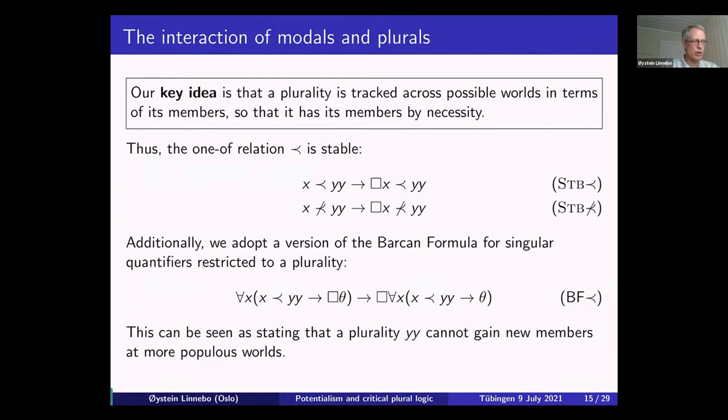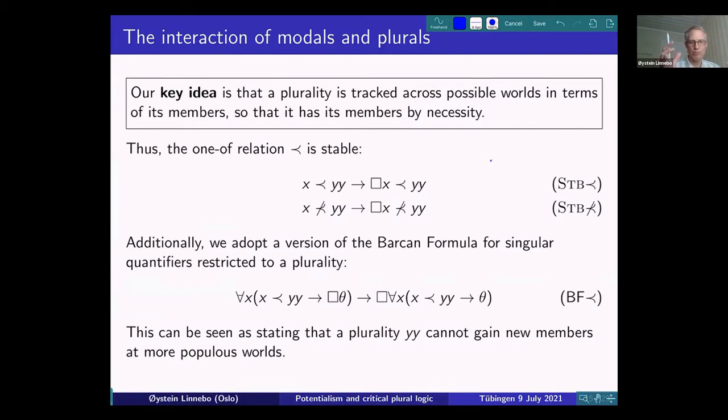The most interesting material from this modal logic of plurals, far and away, concerns the interaction of the two. This gets a little bit fiddly, but there is one very simple idea that I want you to take away from this. And that is that a plurality, as I'm talking about it, really just is shorthand for talking about some things. So a plurality really is nothing over and above some things.